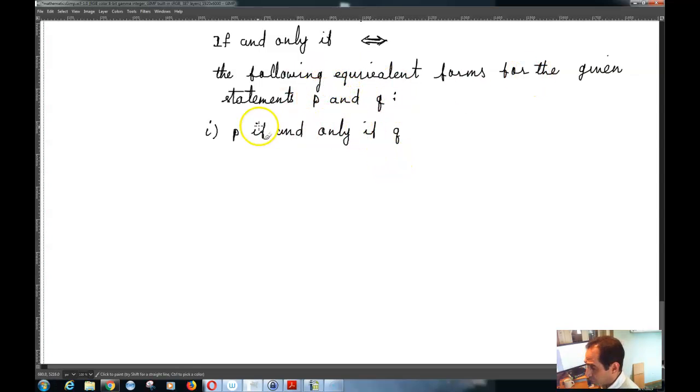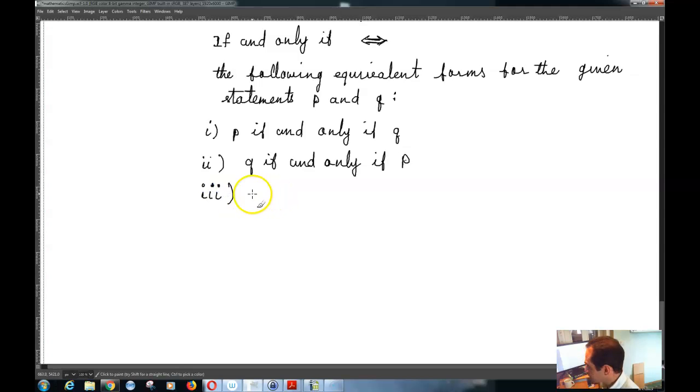But then the equivalent forms are these: P if and only if Q, Q if and only if P, and then you have P is a necessary and sufficient condition for Q and vice versa.